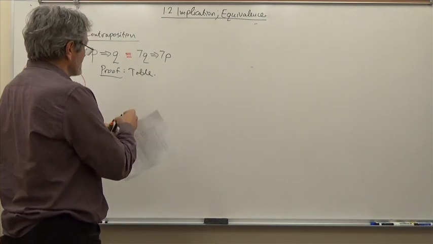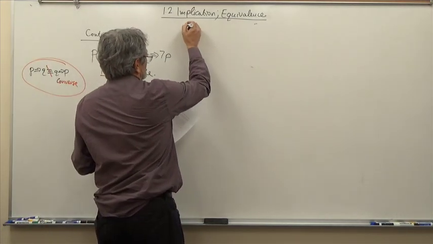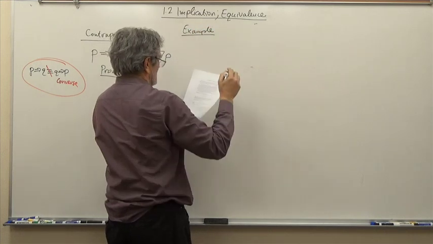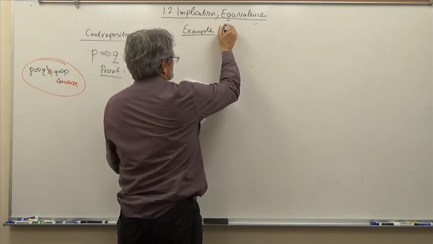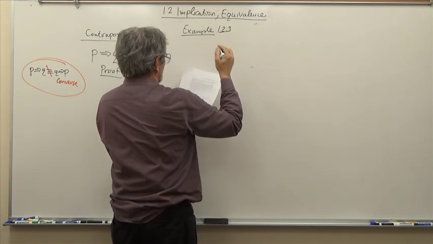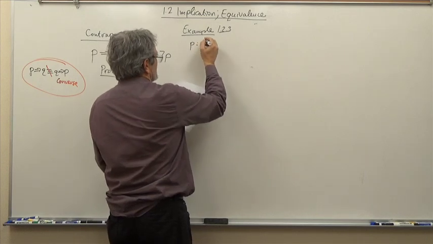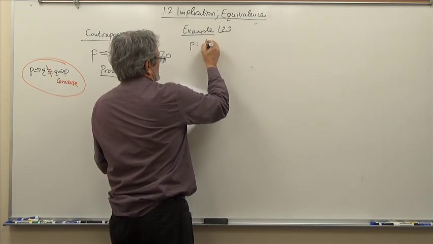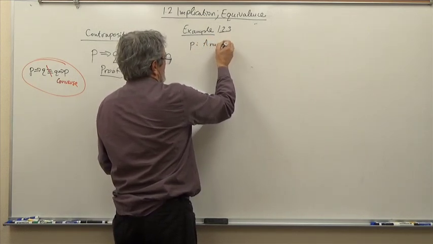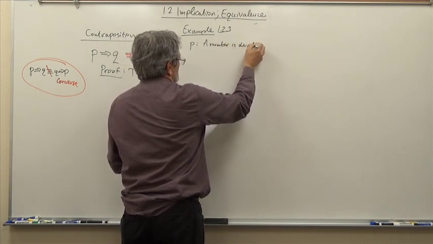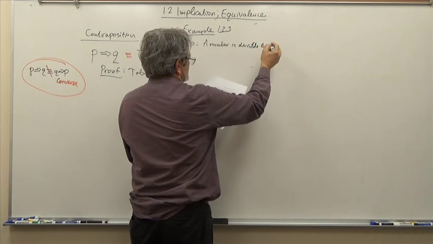So this example 3 illustrates that. Please pay attention. This is one of the most important details in this chapter. Let's say the following. Let P represent: a number is divisible by 6.